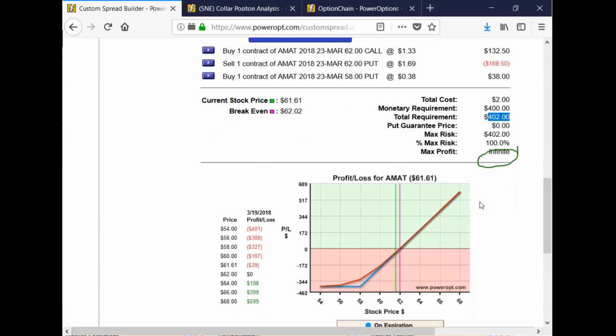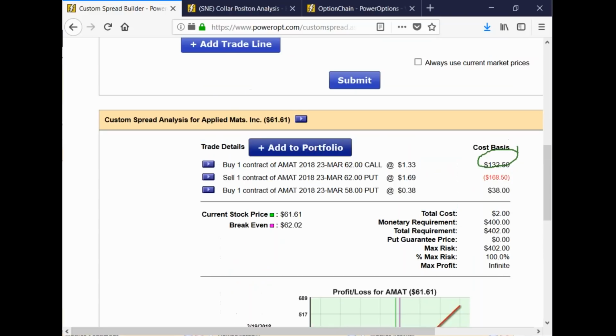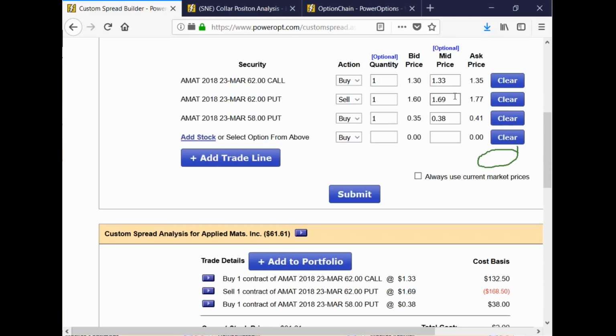Personally, it's just not as effective. And you say, oh, well, let's move the strikes closer and use the 60 put so we don't have that big of a risk. Well, now you're not going to have a credit. You're going to have a debit plus the $2 difference, and the risk is higher than just buying the 62 call. Okay? That's the comparison of a synthetic long stock.